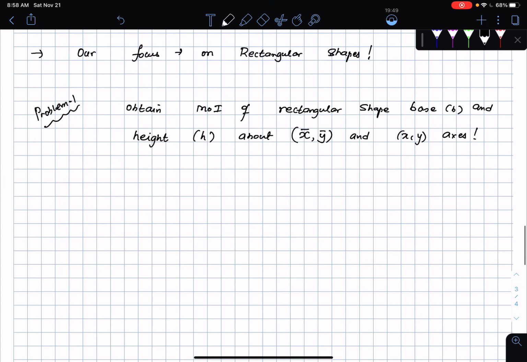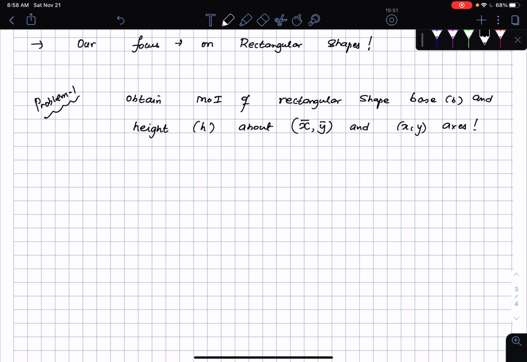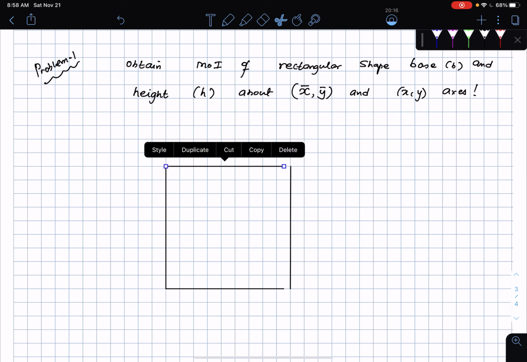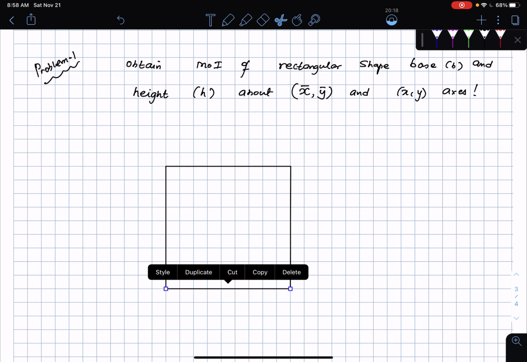So first of all, here is the rectangular shape. It's a nice little rectangle, or looks like a nice little rectangle until I complete drawing it. Let me scoot this down here so that it's all aligned with the lines that I have.